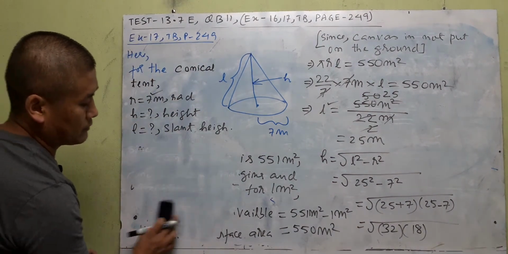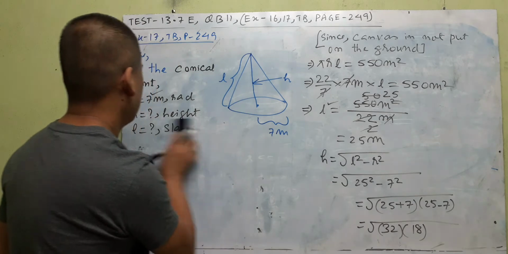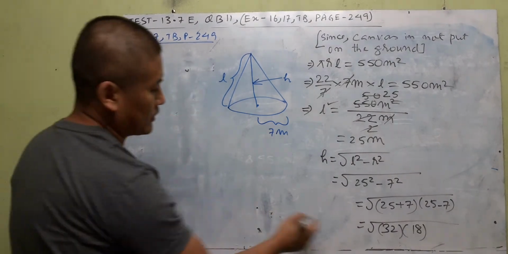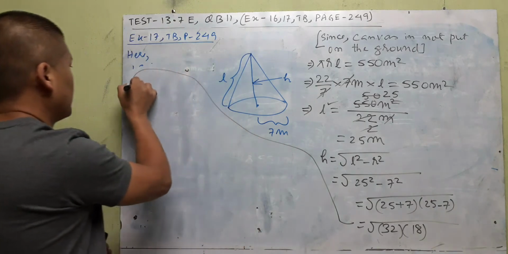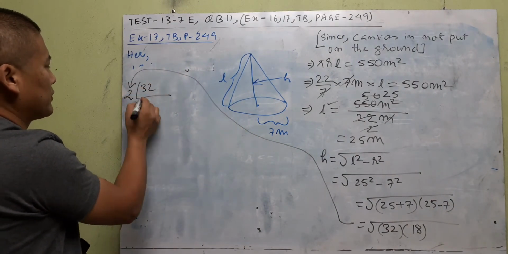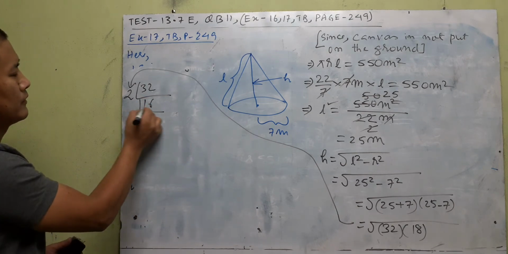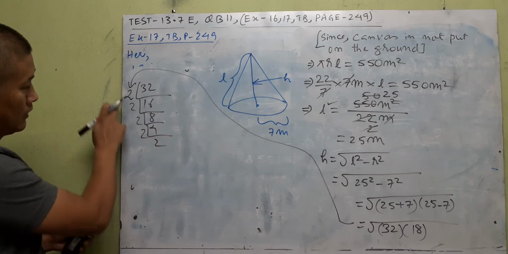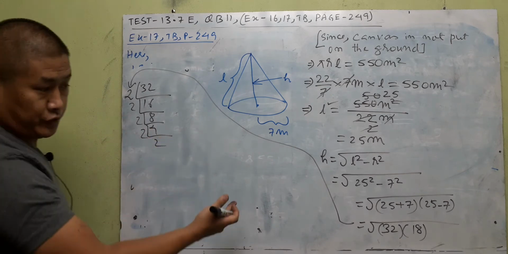Prime factorize means, if you want, you can just bring it here. Prime factorize means 32 with the smallest prime number, 2: 2 1s are 2, 2 6s are 12, 2 8s are 16, 2 4s are 8, and then 2 2s are 4. So we're using only prime numbers to factorize. It's called prime factorization.